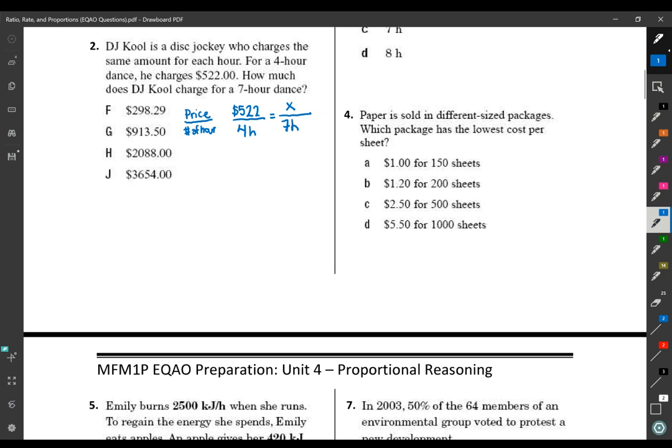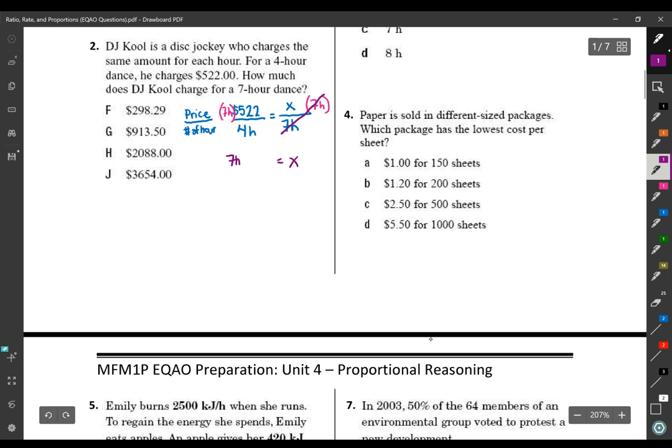Now, sometimes we can solve proportions using a scale factor, but here we cannot. So what we're going to do is multiply both sides of our equation by 7 hours. And we do that because then it cancels that term out and it leaves x all alone. And that's how we're going to solve for x, by getting it to be all alone.